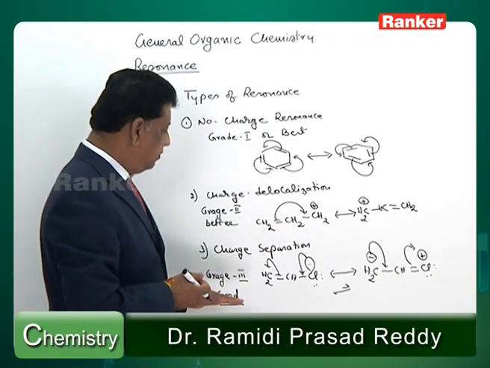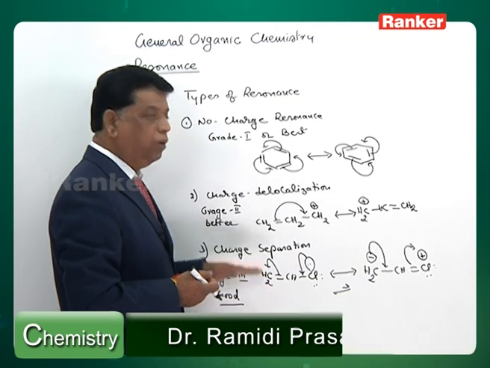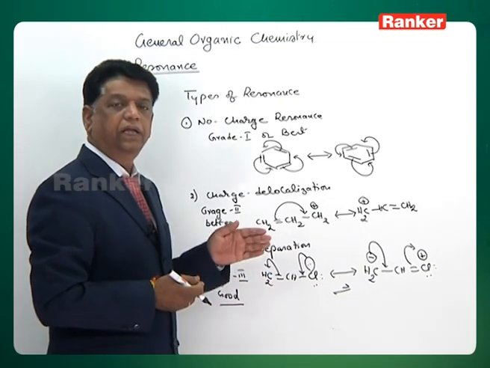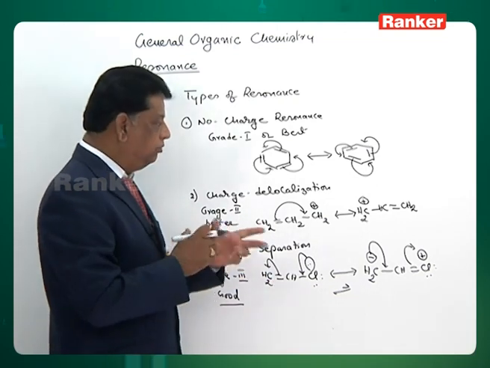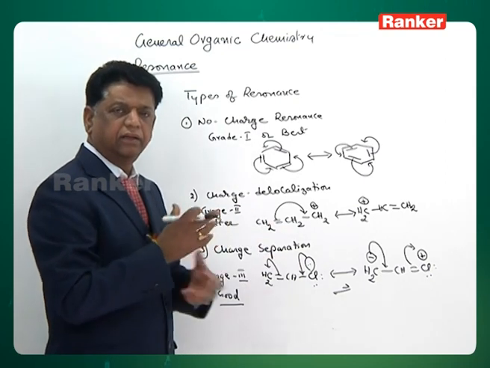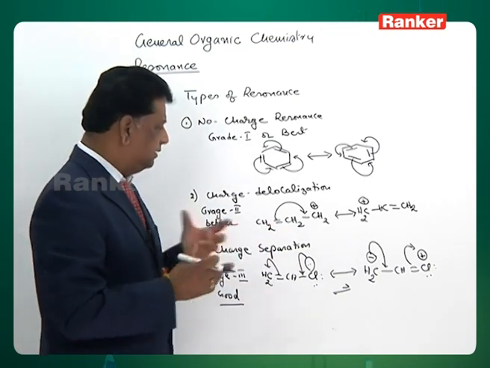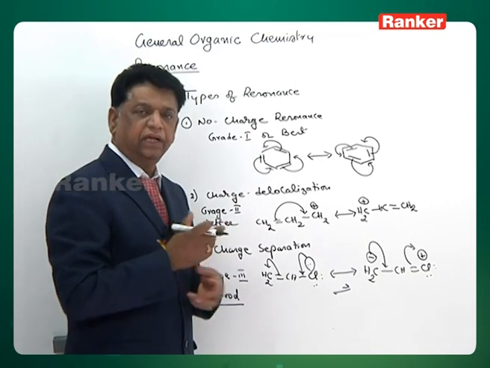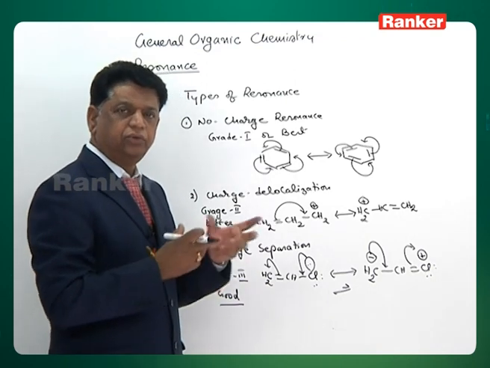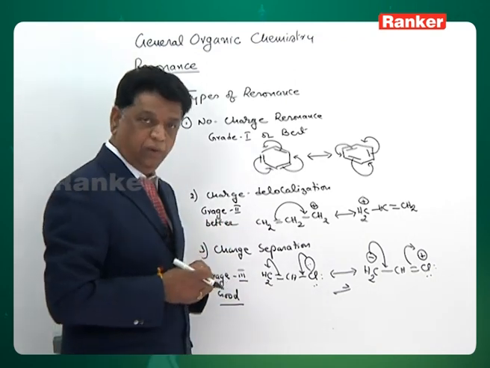Like that here also, a molecule having a lower grade will try to get the upper grade resonance by losing some proton or gaining some part or something like that. Internal structural change will lead to another type of delocalization.